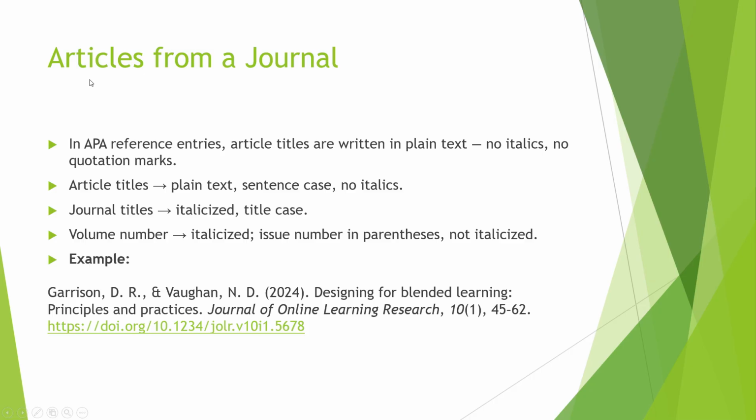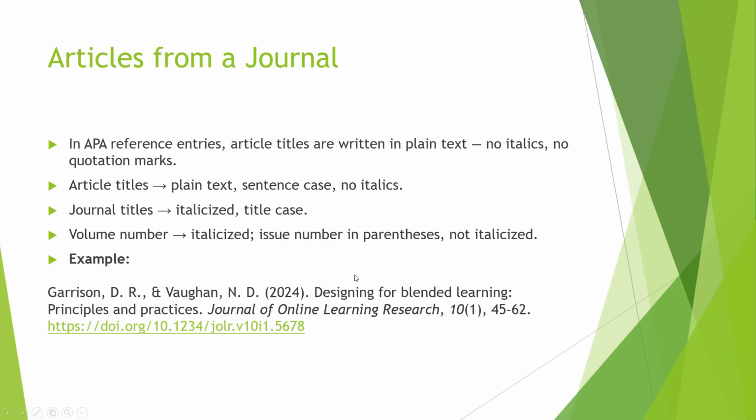So the first is articles from a journal. In APA reference entries, article titles are written in plain text. That means no italics and no quotation marks. The article titles are plain text in sentence case. That also means follow the rules of capitalization, first word after a colon, and any proper nouns, which we do not have in this.